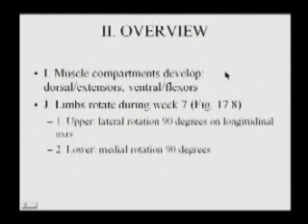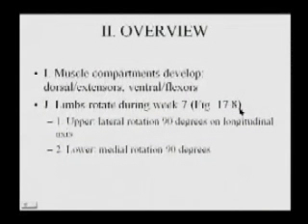So now we can talk a bit about the muscle compartments that will develop. The dorsal muscular compartments will always contain the extensors, and the ventral muscular compartments will contain the flexor muscles. Now the limbs rotate, so this is a bit different, especially for the lower extremity. So we'll point that out as we go along. So there is a rotation during week 7.